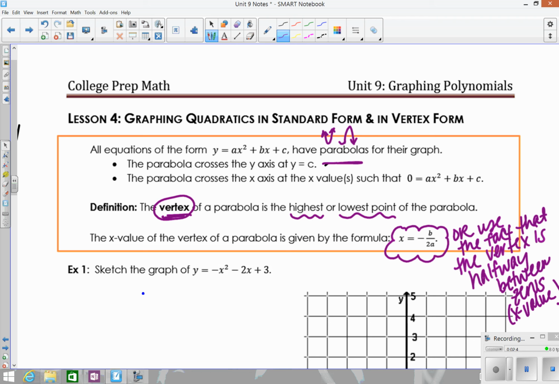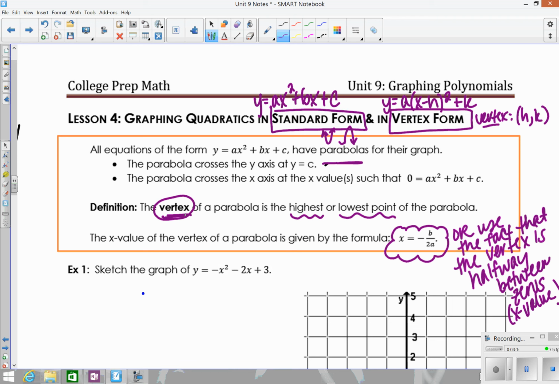You can also convert to vertex form. So that's going to be something that we're going to look at. So standard form of a parabola is y equals ax squared plus bx plus c, which is the common form. Vertex form, and I'll show you how to convert to vertex form, is y equals a times x minus h squared plus k, where h and k is the vertex.